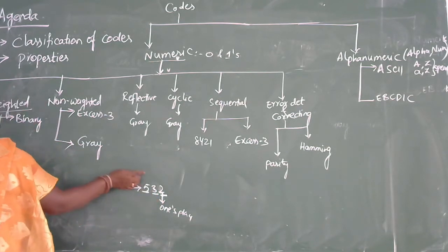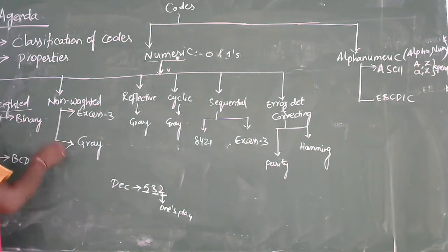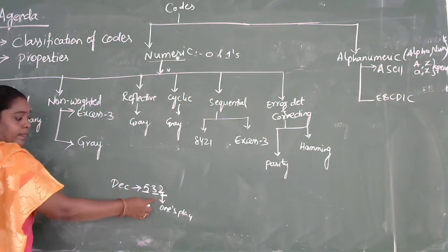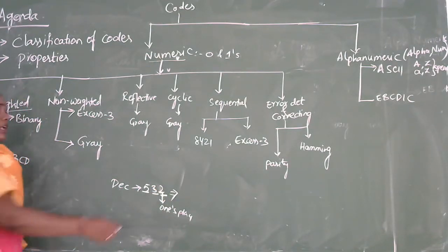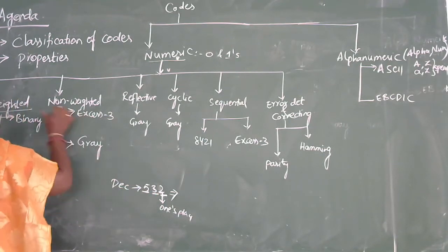That is the reason we can say the decimal number is an example of a weighted code. In a weighted code, if we interchange the given digits, the output we get is not correct. That is, we cannot interchange the digits in a weighted code.